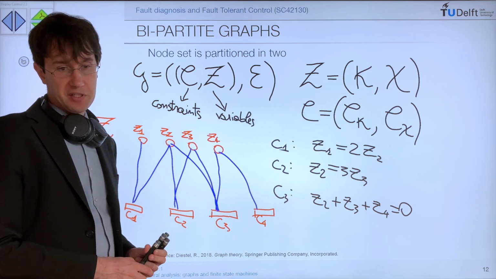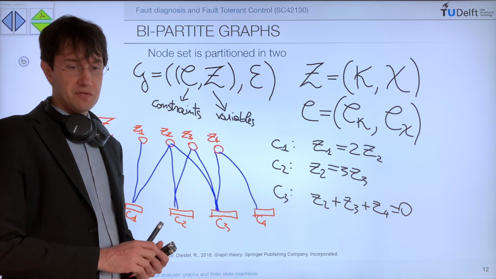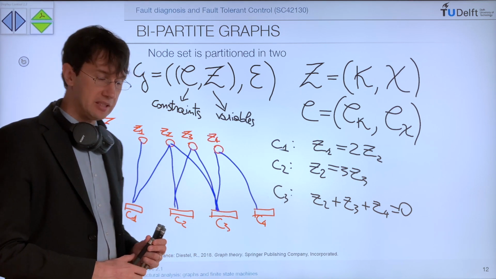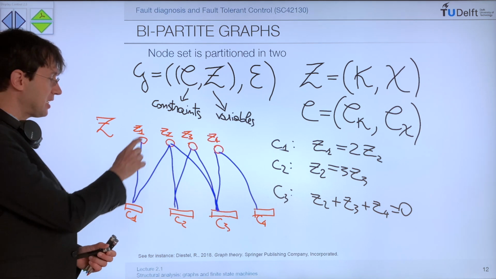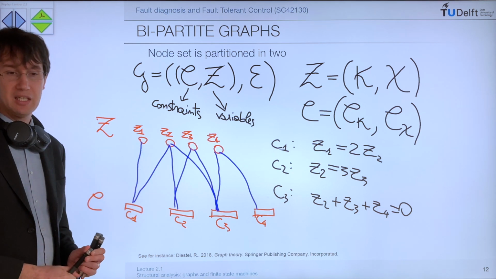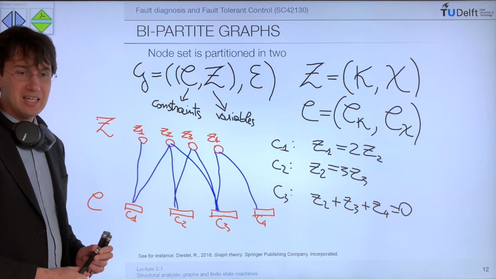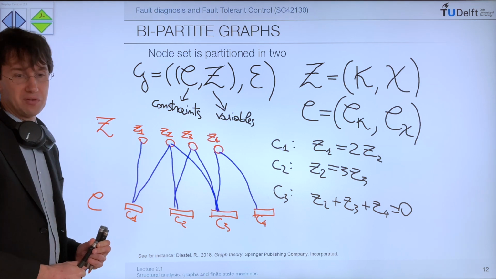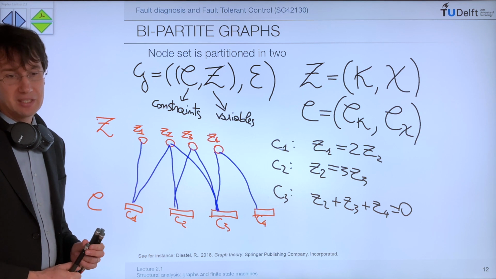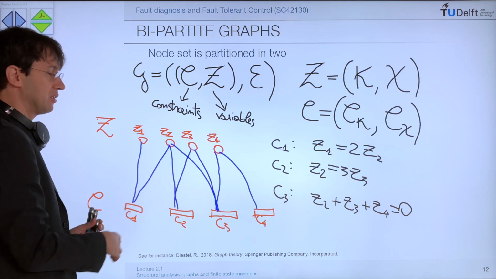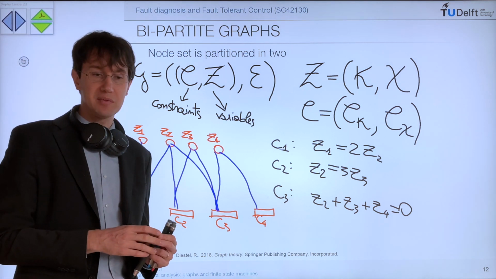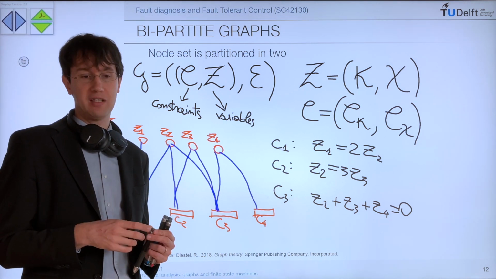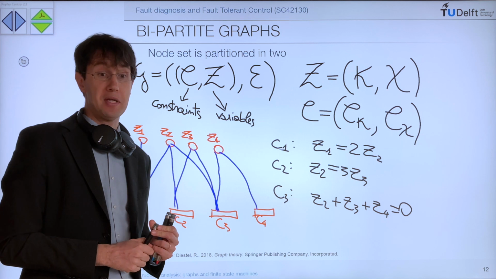And why is this subdivision useful? It is useful because you can assume that in this set of equations, some of the variables are initially known, and the others are the ones that you need to solve for. And then this is going to change whether you can find a solution or not. So in the case of dynamical systems, the role of known variables will be taken by measurements.